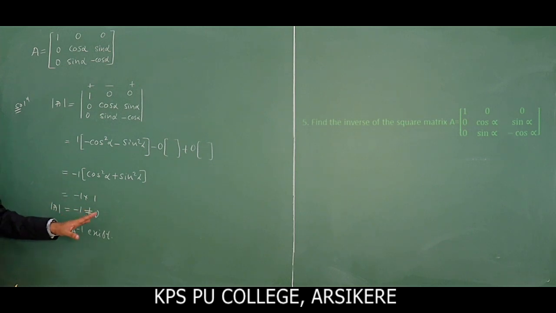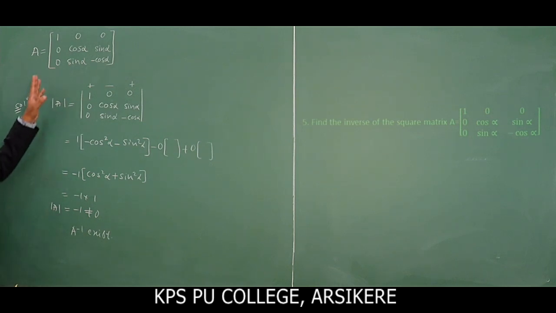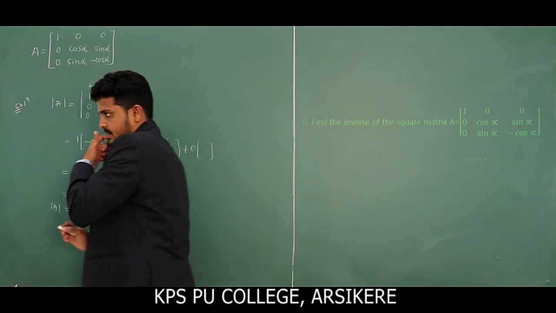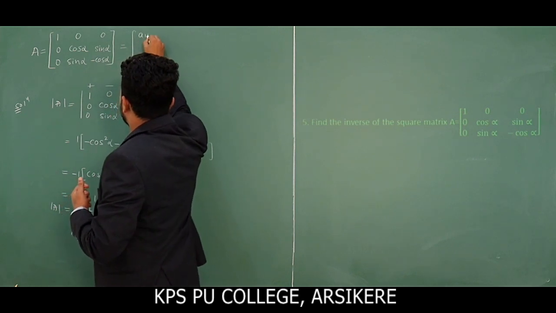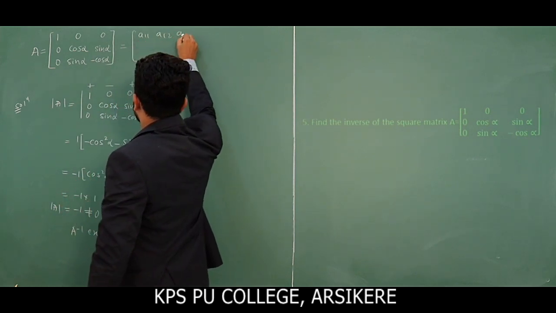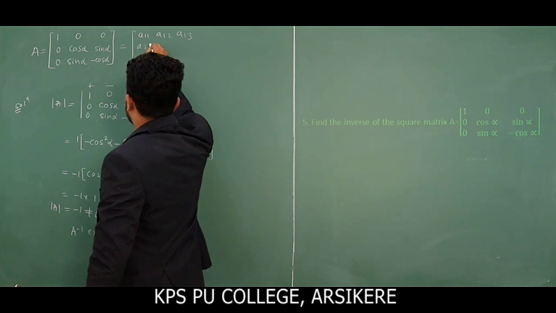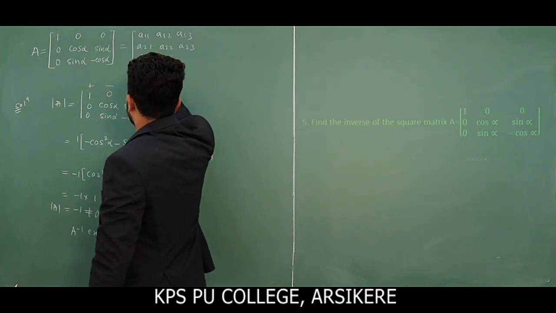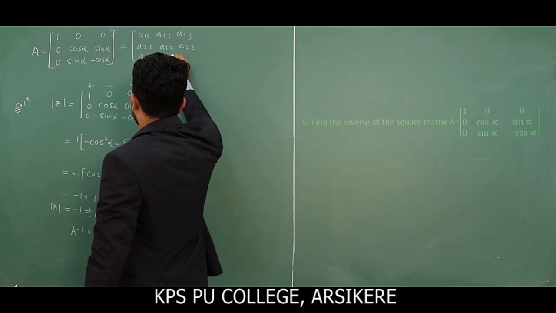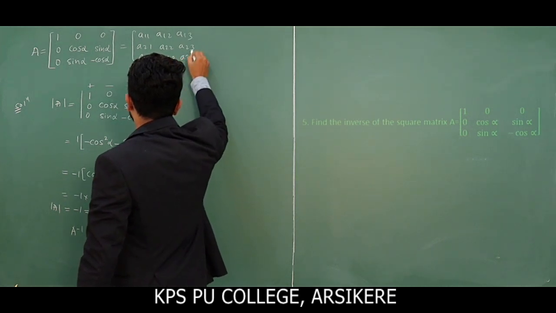Why do we need to find the cofactors? To find adjoint A we must find the cofactors, right? So matrix A can be written as A11 A12 A13, A21 A22 A23, A31 A32 A33.